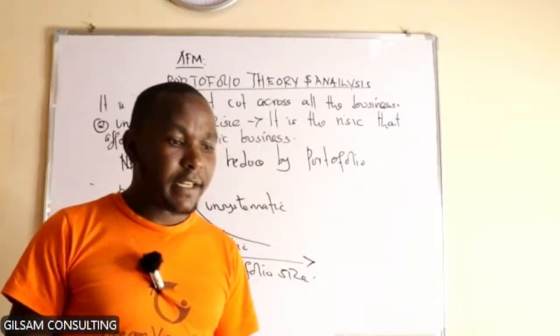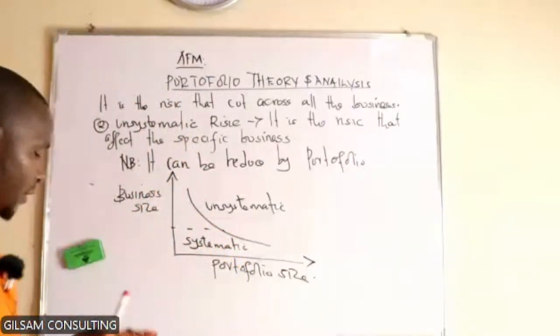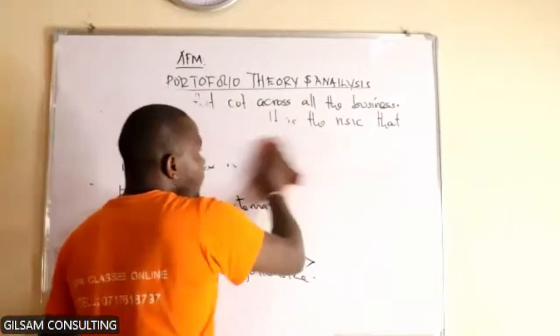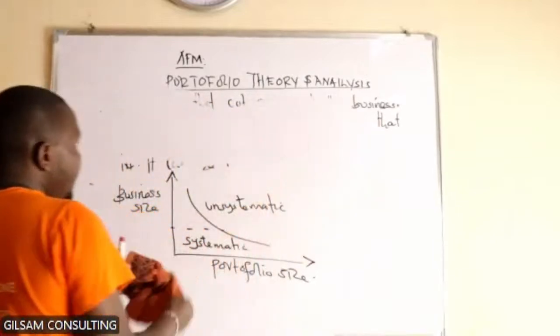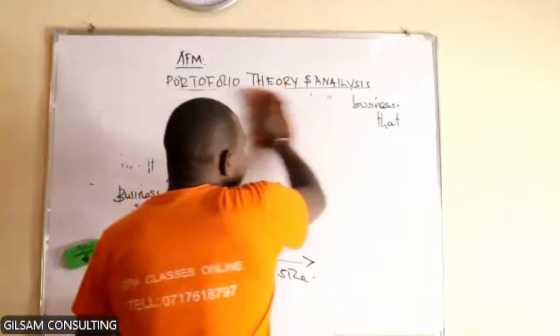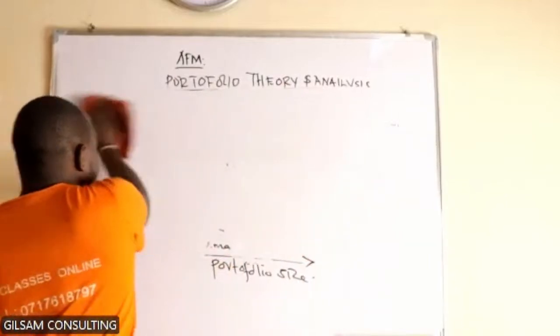That's the expected return. We have been given the probabilities, for example 0.3 for boom. Make sure that you don't forget how to calculate the expected return: the probability for boom is 0.3 times 18.